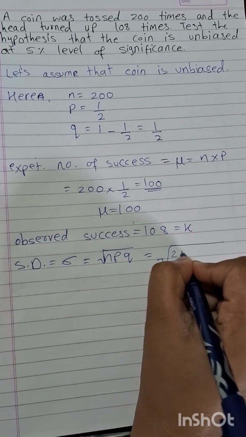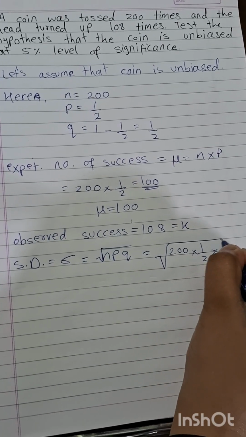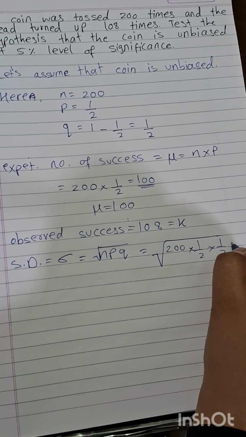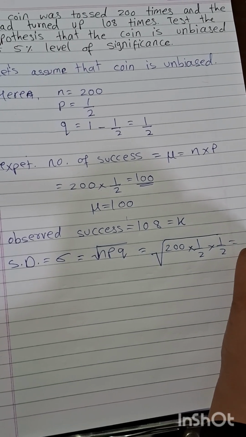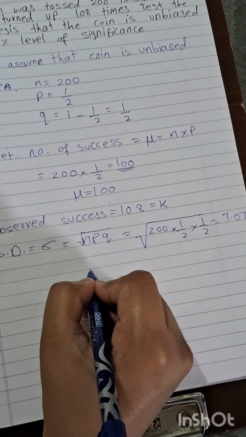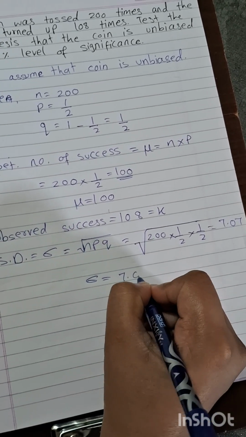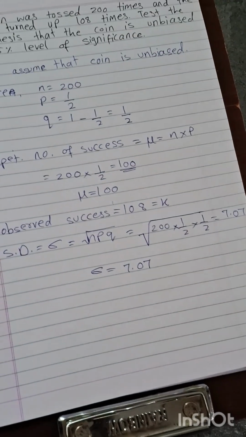We'll put the values in the formula. So we got the standard deviation is equal to 7.07.